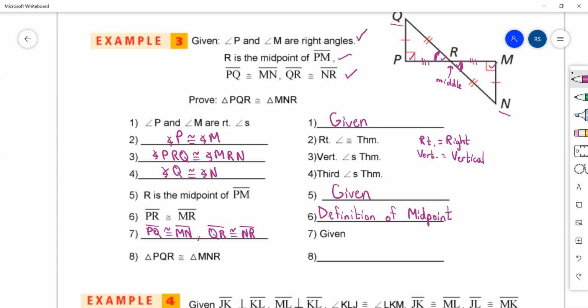So that means triangle PQR is congruent to triangle MNR by the definition of congruent triangles.